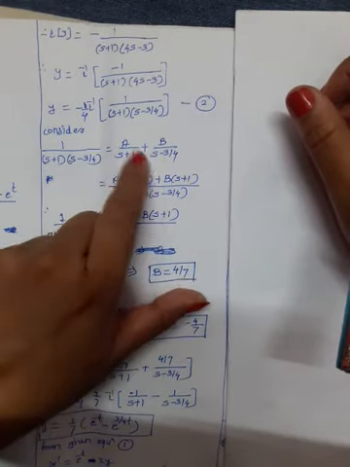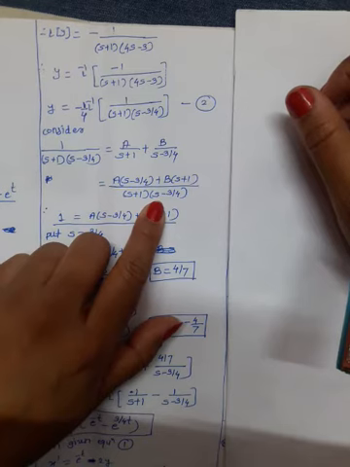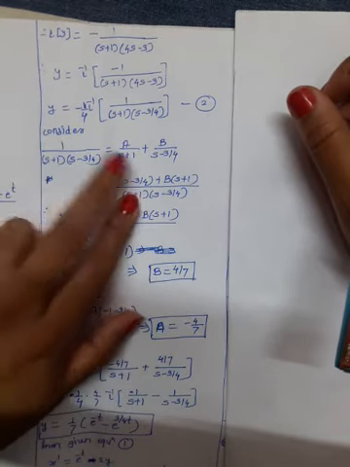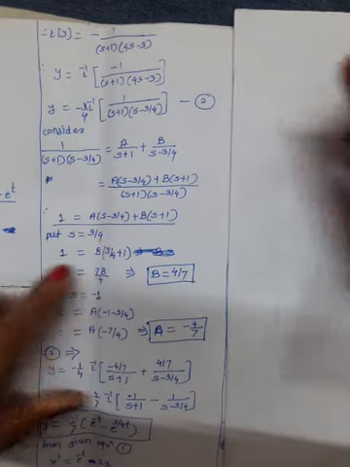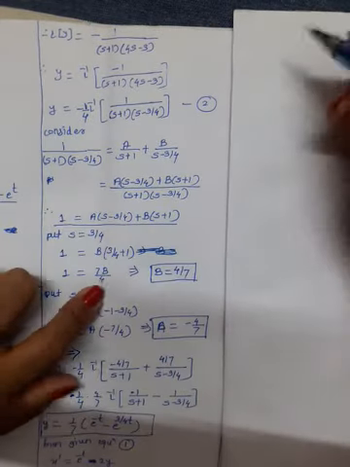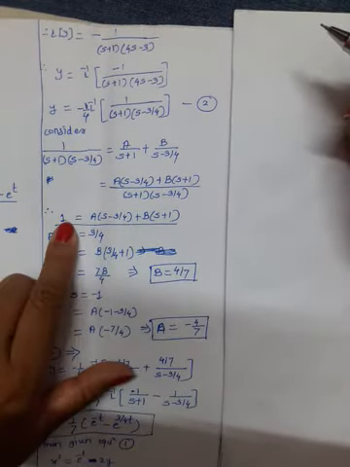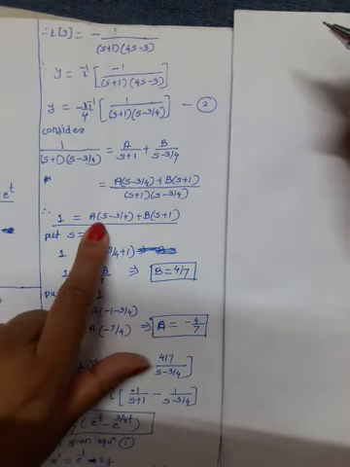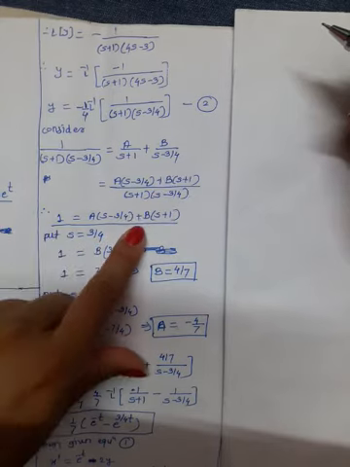Now cross multiply: taking the LCM on the denominator and cross multiplying, we get this numerator. Now we compare the numerators on both sides, and we get 1 is equal to A into this plus B into this.